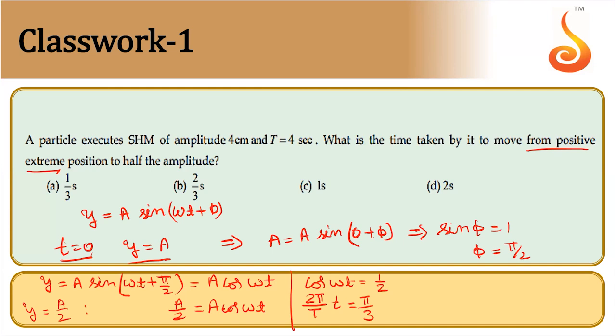So pi gets cancelled. You'll get small t is equal to capital T divided by 6. So capital T is given 4 seconds. So it should be 4 by 6, that is 2 by 3 seconds.